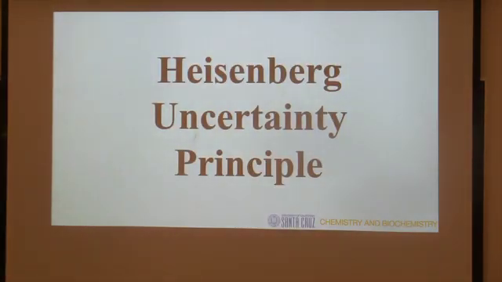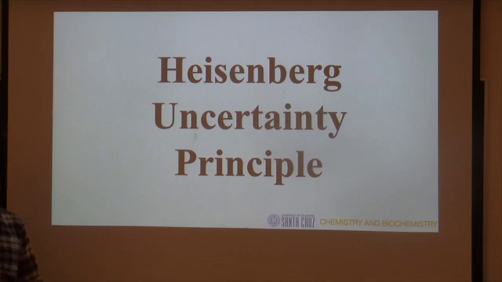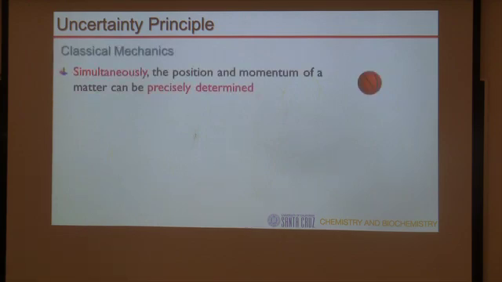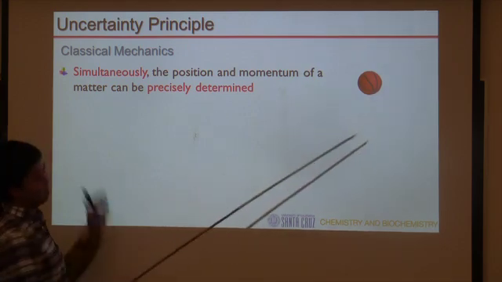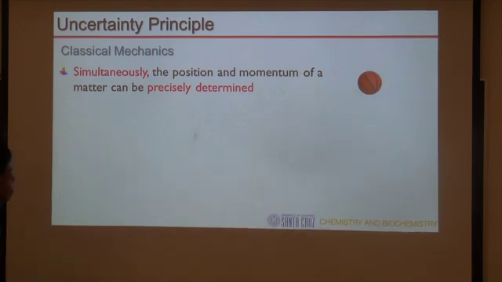Next part, the Heisenberg uncertainty principle is way more straightforward than de Broglie wave theory, so I'll go over it very briefly. In classical mechanics, we know that we can simultaneously and accurately determine the position and the momentum of an object. Let's say we have a flying basketball.